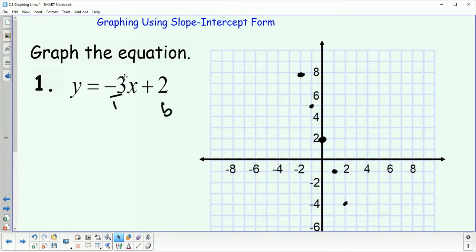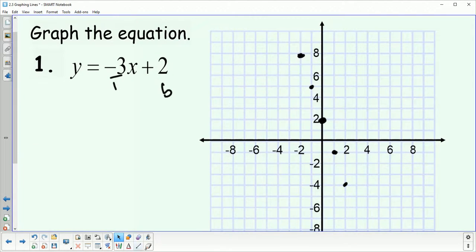Another thing to keep in mind, a typical question: this negative does not apply to both the 3 and the 1. It applies to one or the other. We've got all our points, so the only thing we need to do is draw the line that's going to connect all of those points, and we would be done graphing.